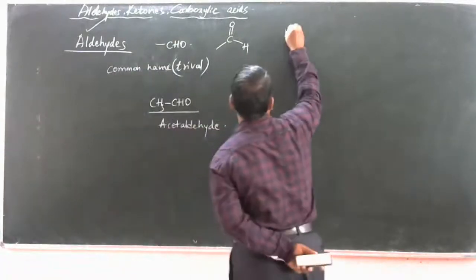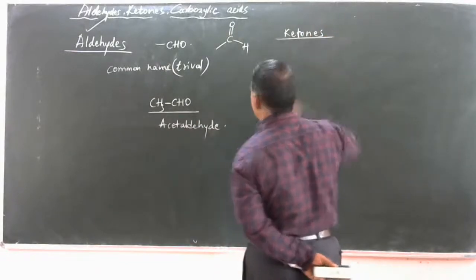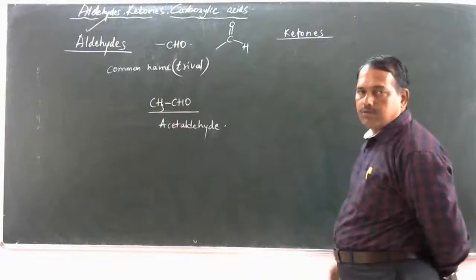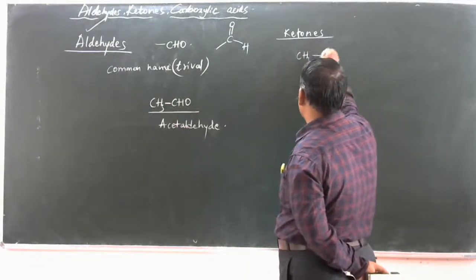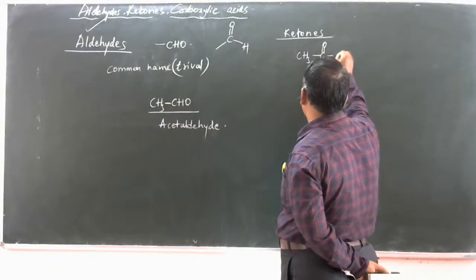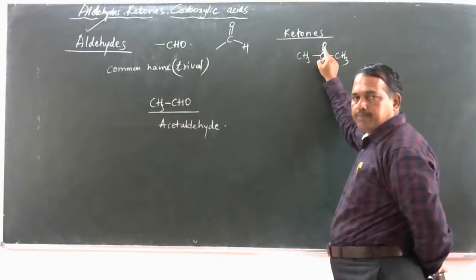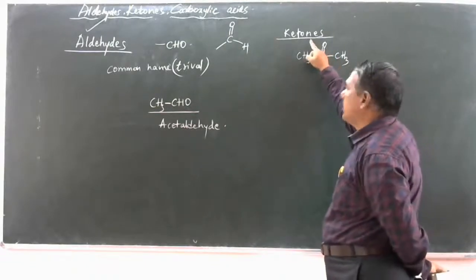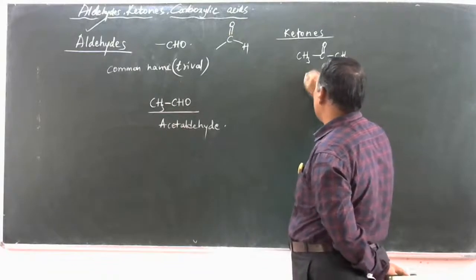Go for common names of ketones. Ketones also, still today, are well known by their common names. Say CH3, C double bond O, CH3. See here again, a carbonyl group is there. It is a ketone and its common name is acetone.